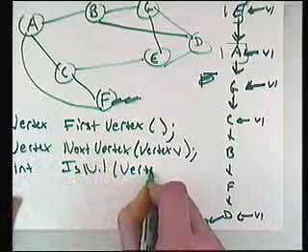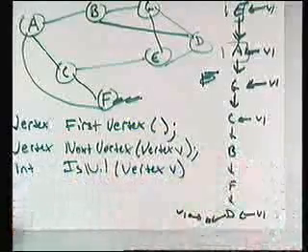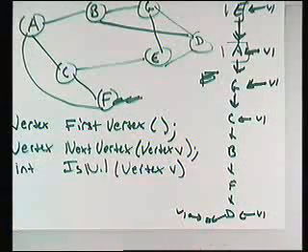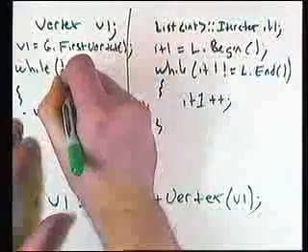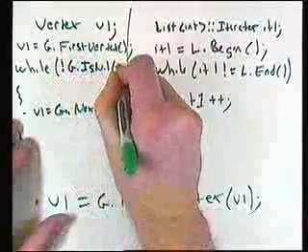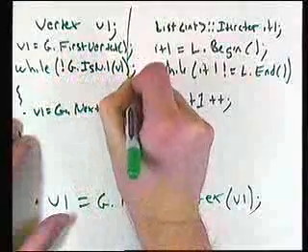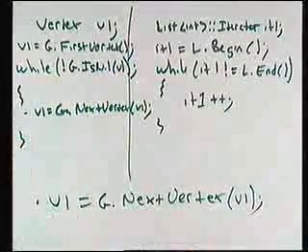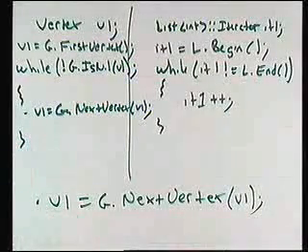We pass in some vertex V, and this returns 1 if the vertex points to null, and it returns 0 if it doesn't. And so then if we do that, we can say, while it's not true that our V1 is nil, continue.